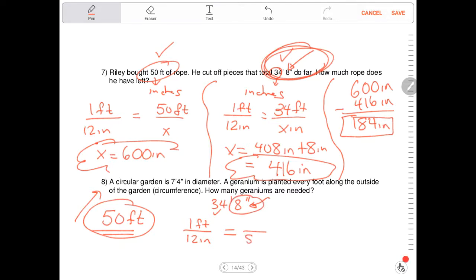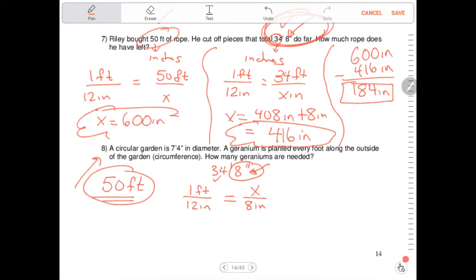It should go on the bottom in this case, and your x is on top. I will write this out for you. 12x equals 8. Divide by 12 on both sides. X equals 8 divided by 12. And that would give you, ooh, it's a little bit of an ugly one. We'll go 0.67 feet.